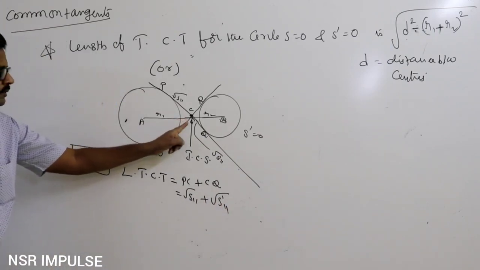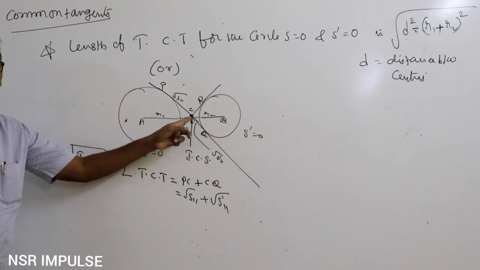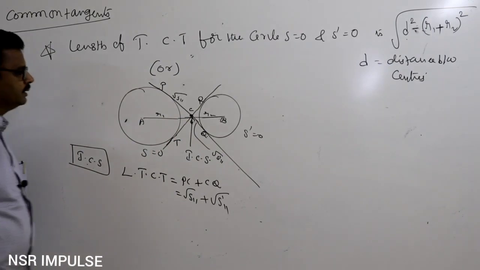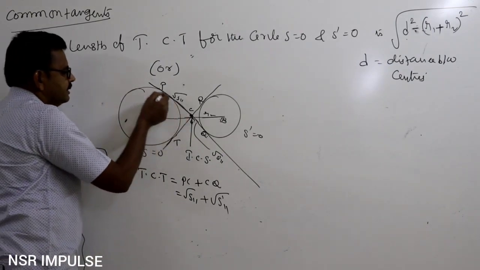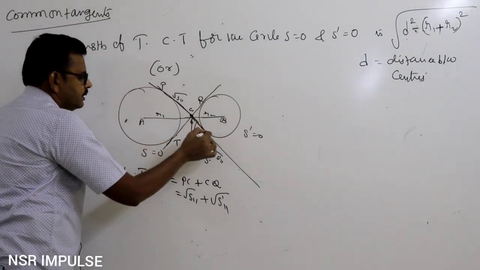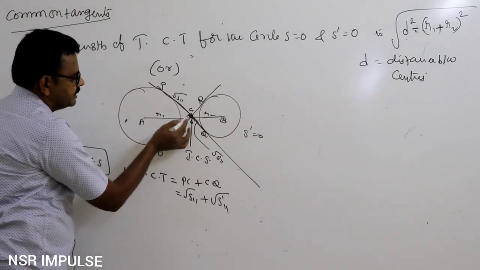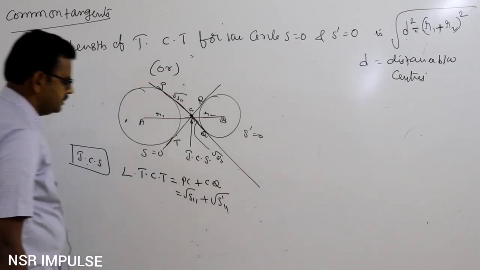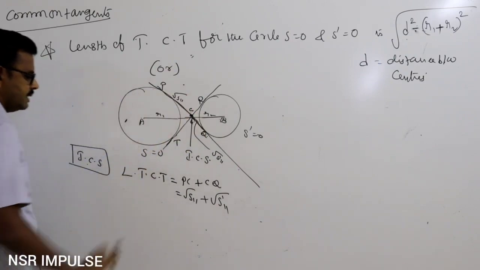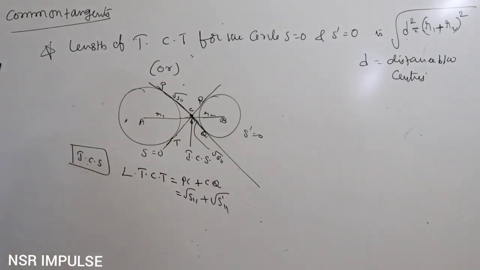In this case, you must find the internal center of similitude. PC is the length of tangent drawn from the point C to the circle S equal to 0, and CQ is the length of tangent drawn from the point C to the circle S dash equal to 0. So this is the length of the transverse common tangent.